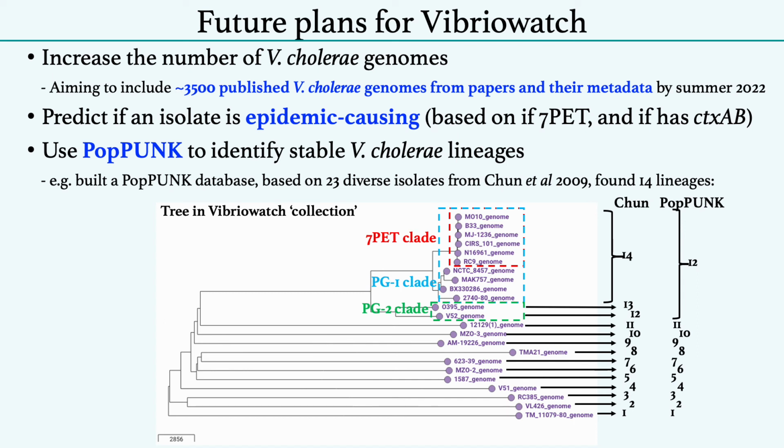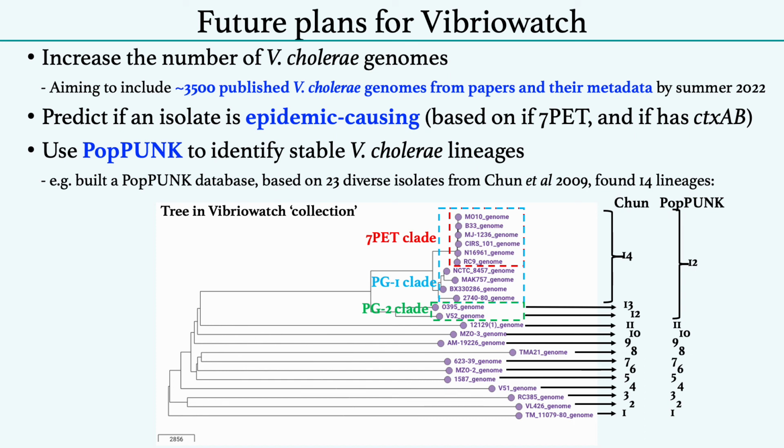For example, I have built a PopPunk database here based on 23 isolates sequenced by Chun in 2009. PopPunk puts the 7 pandemic clade isolates and all of the related isolates in the phylocore genome or PG clades into one big cluster, which makes sense because those are closely related isolates.